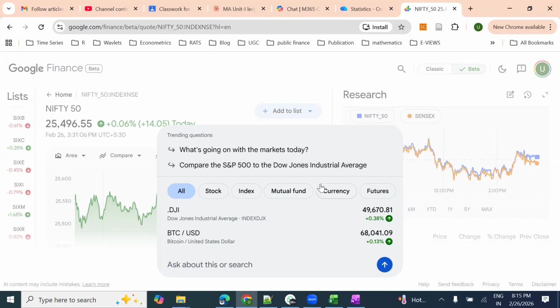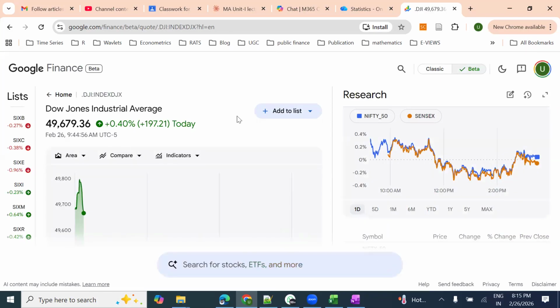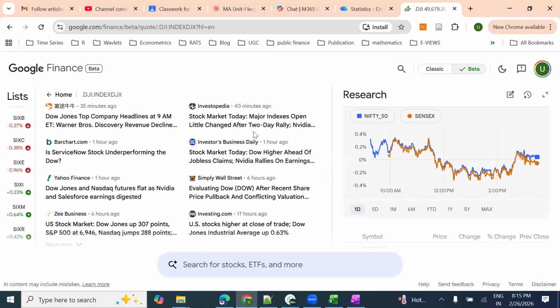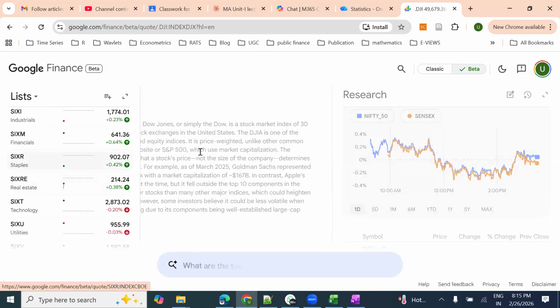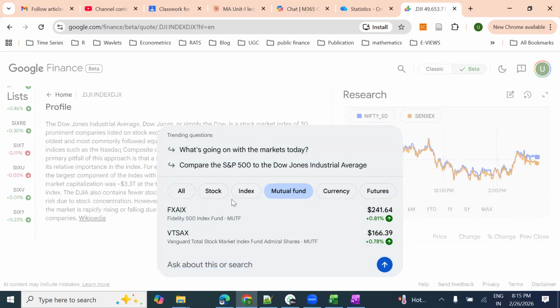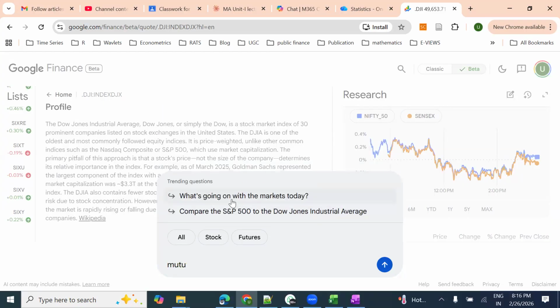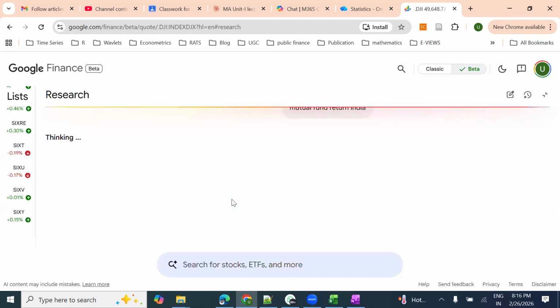So if you go to mutual funds, you can search over here. Let me type mutual fund return India.